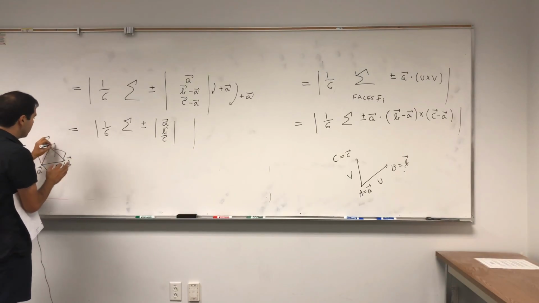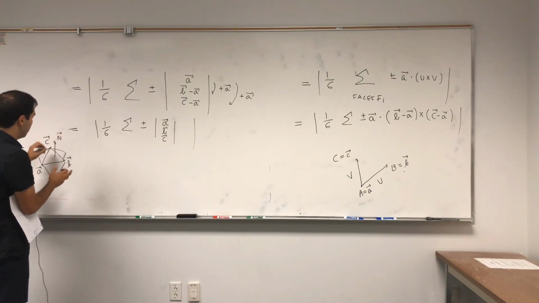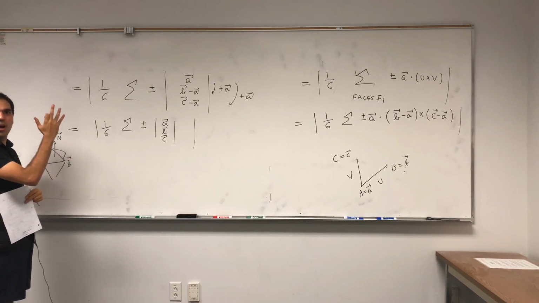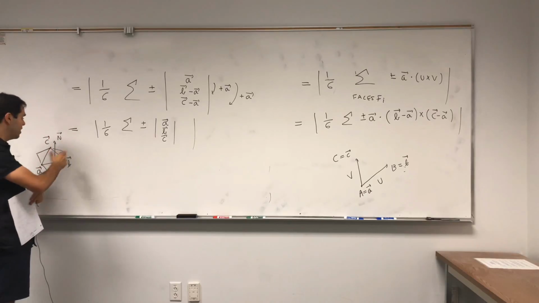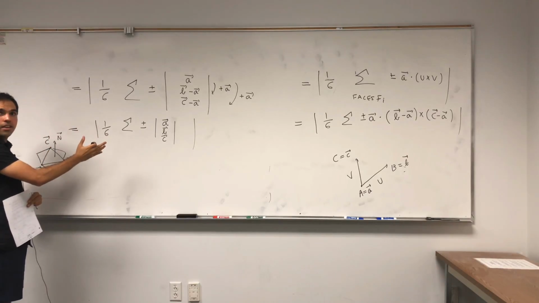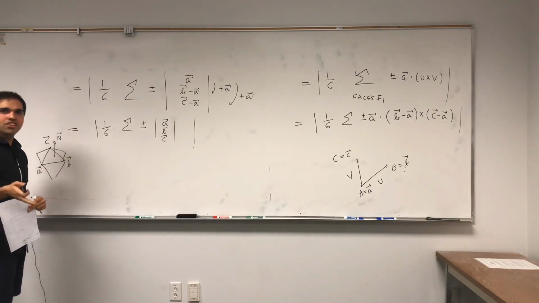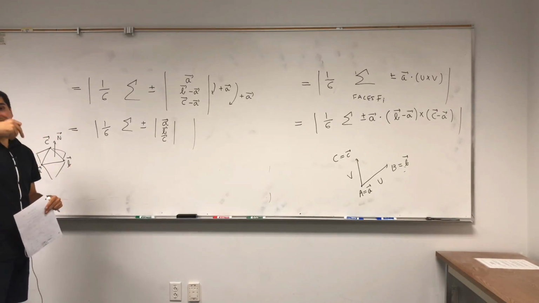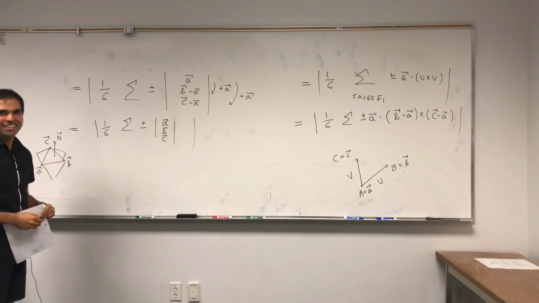So if A, B, and C are such that the normal vector is pointed outwards, then it's plus. If A, B, and C are such that the unit normal points inwards, then it's minus.